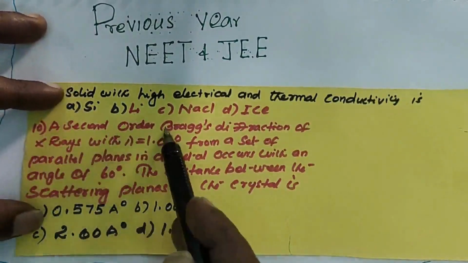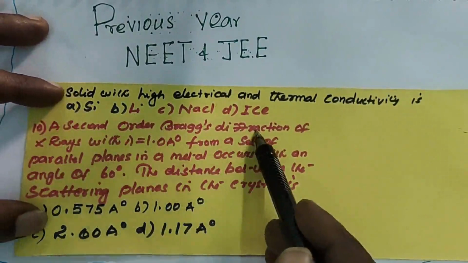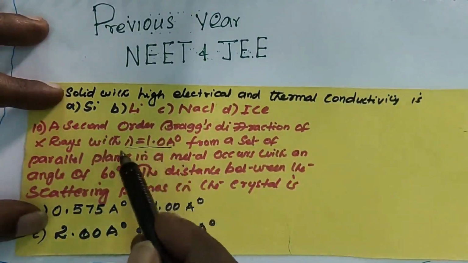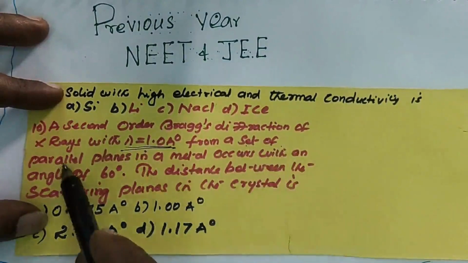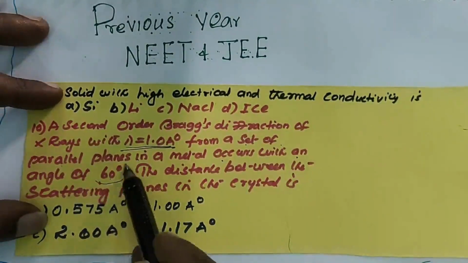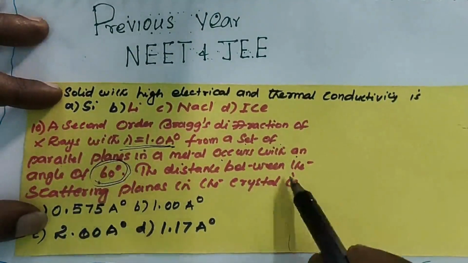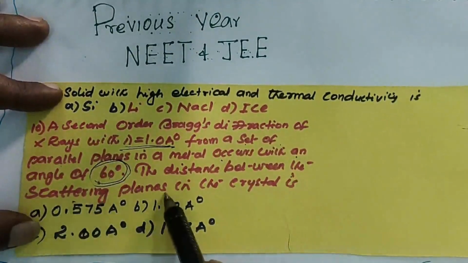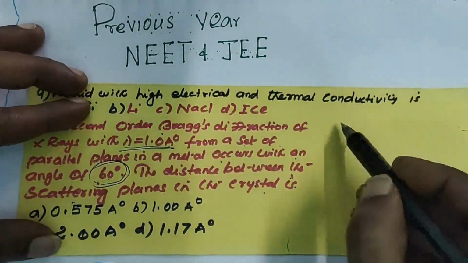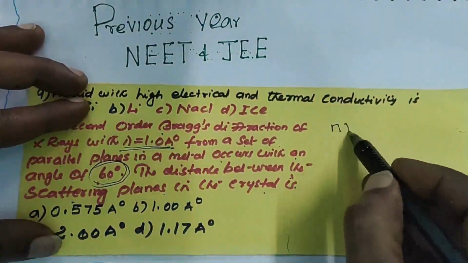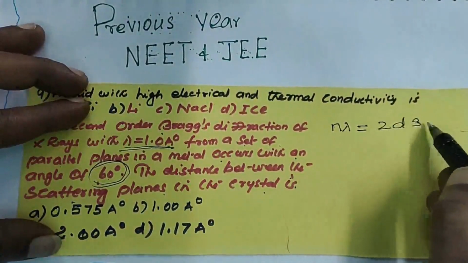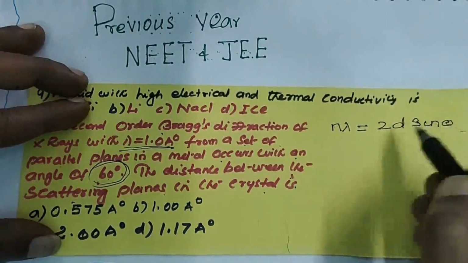Then question number 10. A second order Bragg's diffraction of X-ray with wavelength 1 Armstrong unit from a set of parallel planes in a metal occurs with an angle of 60 degrees. Find the distance between the scattering planes in the crystal. This is based on Bragg's equation, n lambda is equal to 2d sin theta. Here d is calculated.